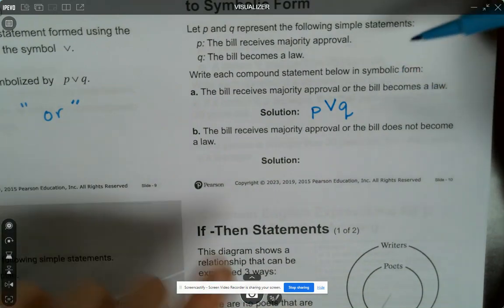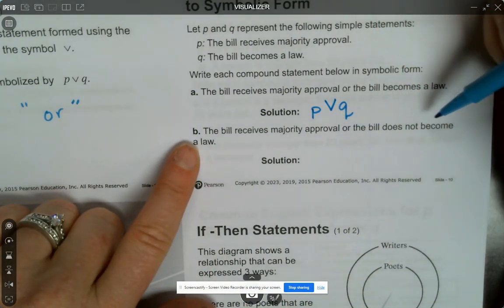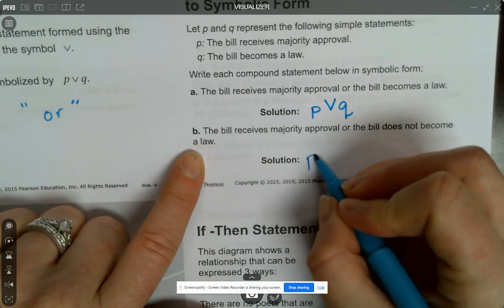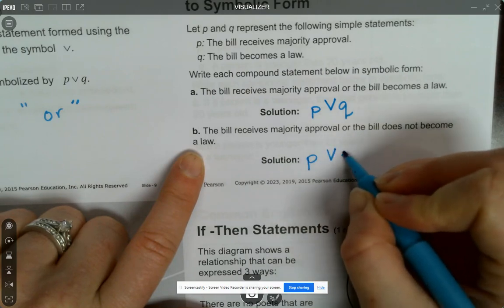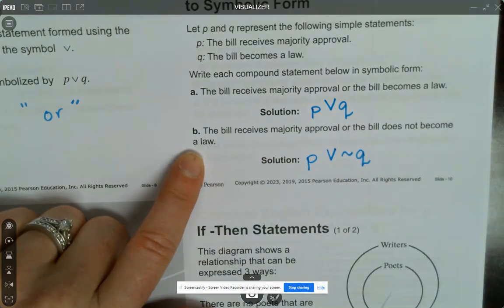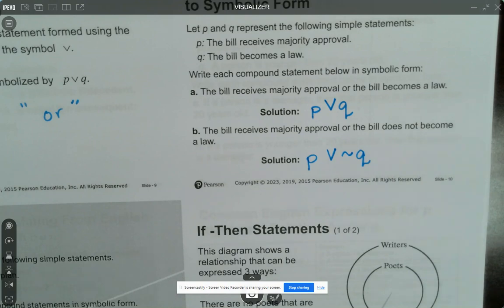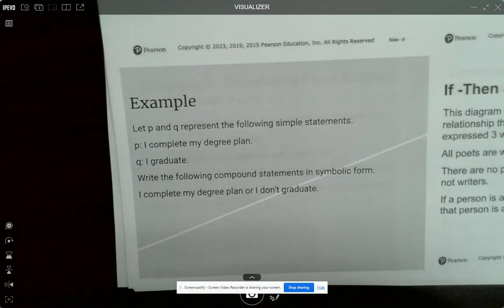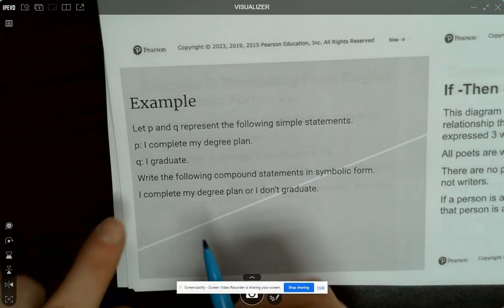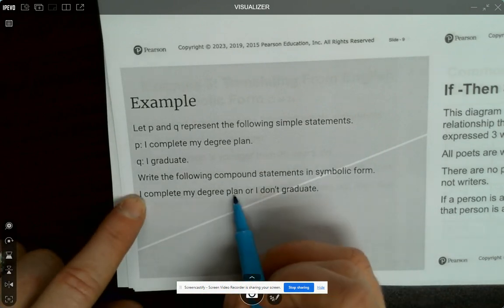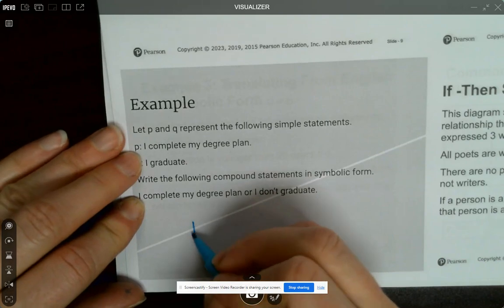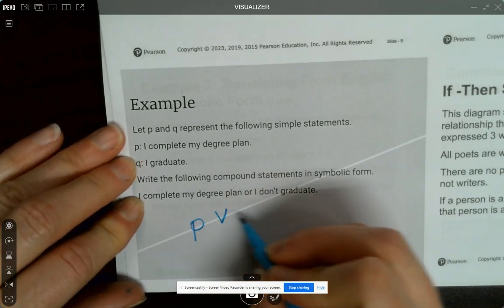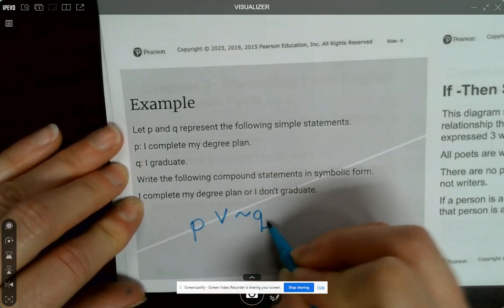The bill receives majority approval, or the bill does not become a law. That would be how you would write it. Another example. I complete my degree plan. I graduate. I complete my degree plan or I don't graduate.